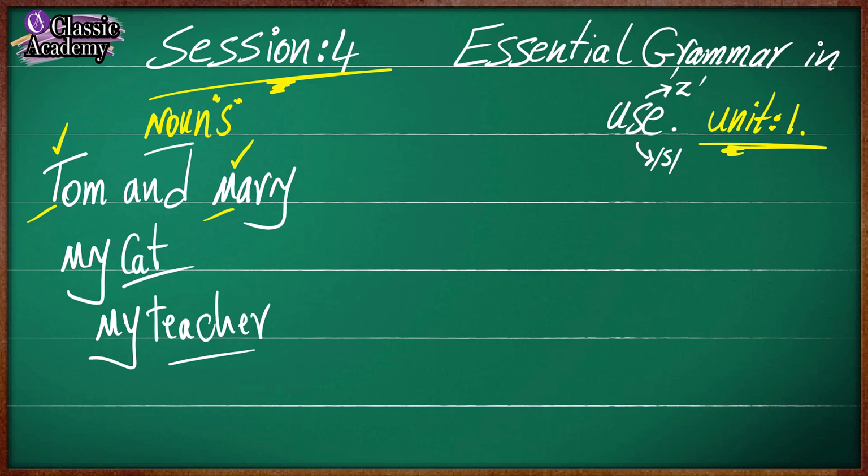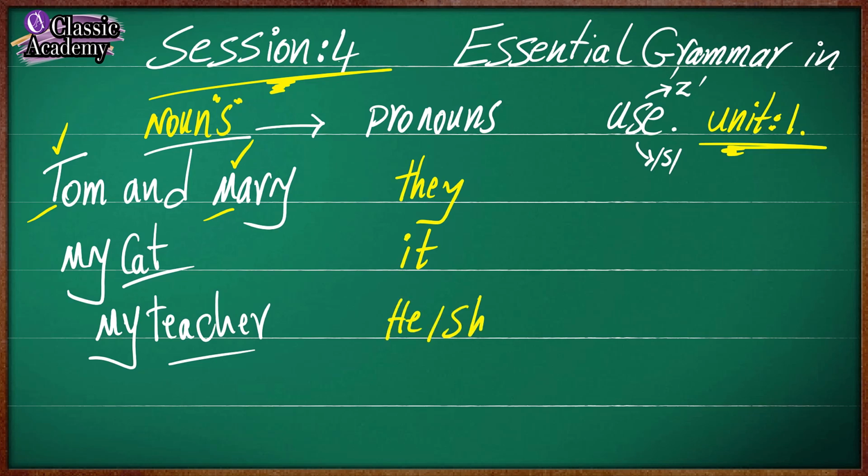Okay, do you remember that we talked about nouns and pronouns? I remember that I introduced them as very, very close friends. Why? Because sometimes we do not need to repeat Tom and Mary, but we can use they instead of them. For my cat, I can use it. For my teacher, I can use he or she.